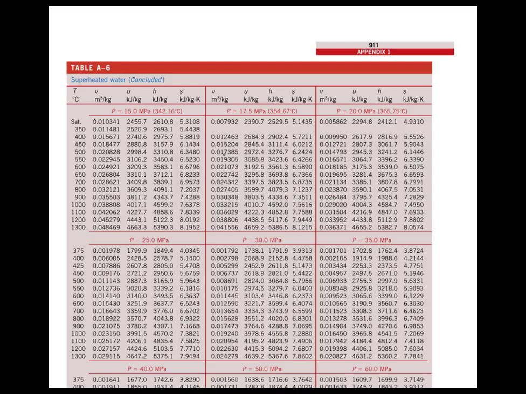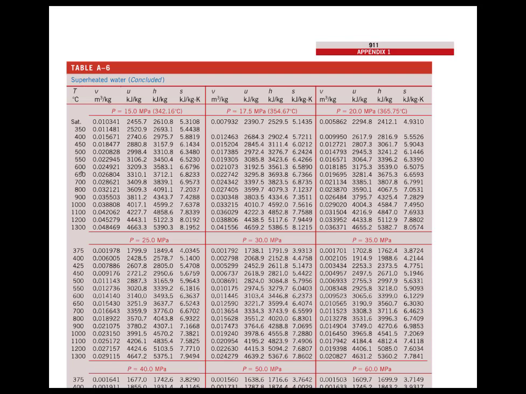Okay, now we are in the thermodynamics table. We are going to find the enthalpy and also entropy and other properties for state 3 of part C of the question. We are in table A6 because it is for superheated water.